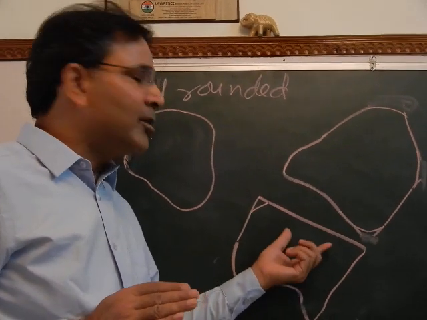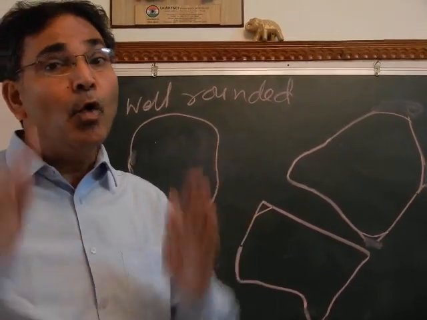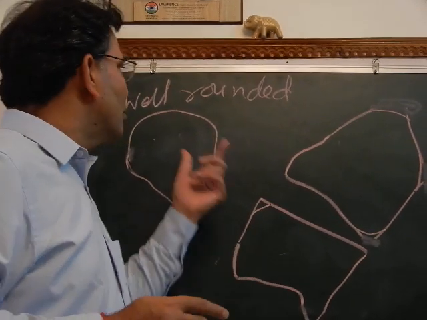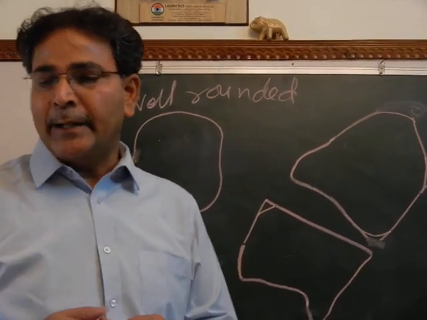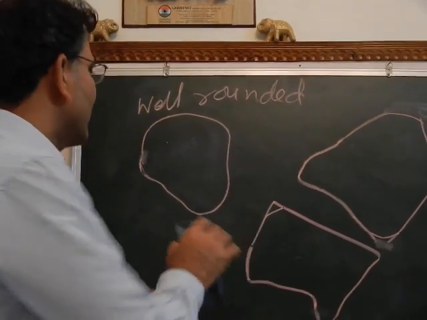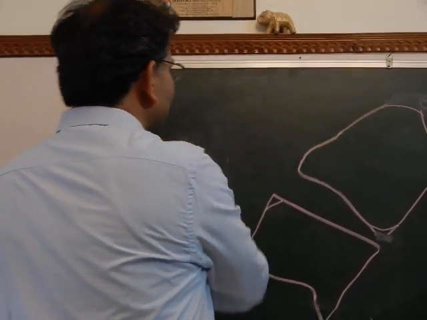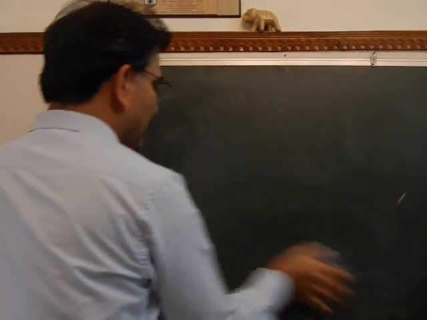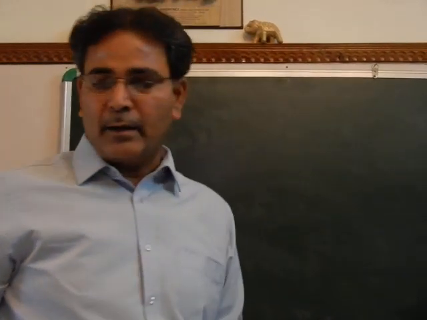It means the sediments were deposited very close to the place where they originated. So the well-rounded and the angular sediments explain the degree of transportation of the sediments from their place of weathering to their place of deposition.